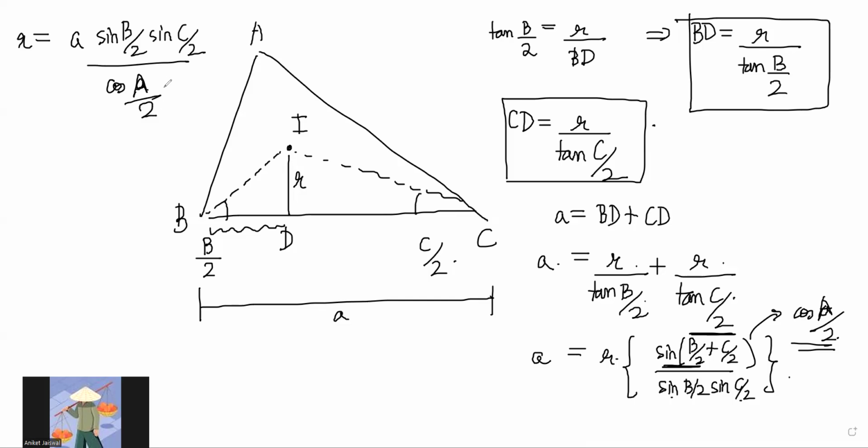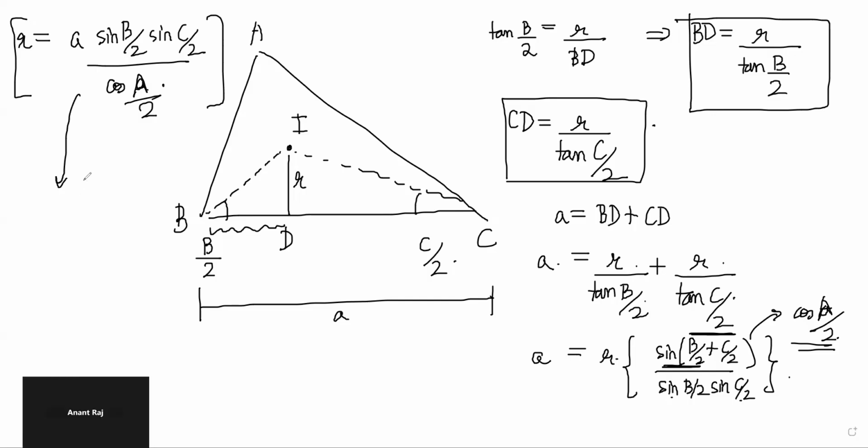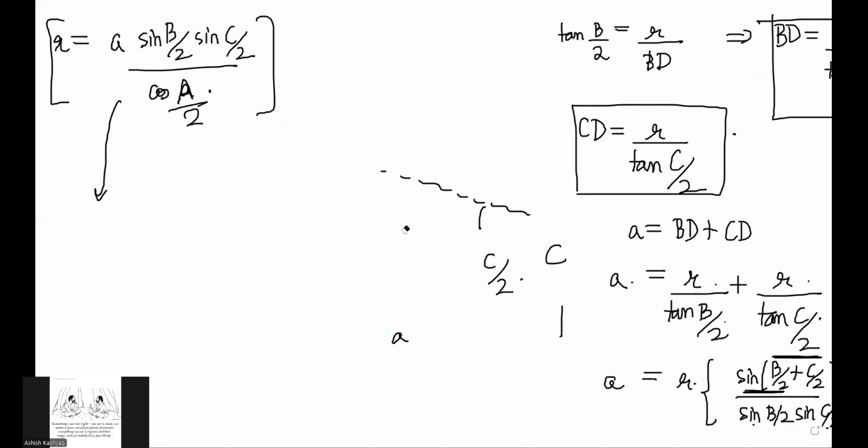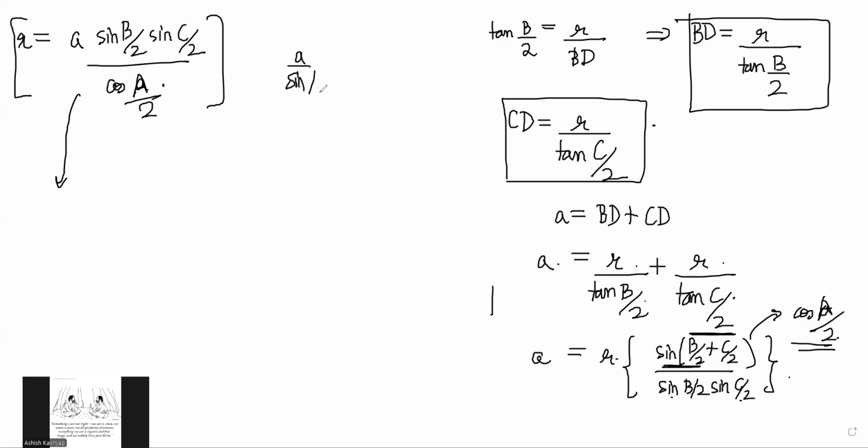The fourth one is the last formula. From this, it is obvious how to get the second formula, which is obvious by the sine rule. Because in any triangle, a by sine A is equal to b by sine B is equal to c by sine C is equal to 2R.